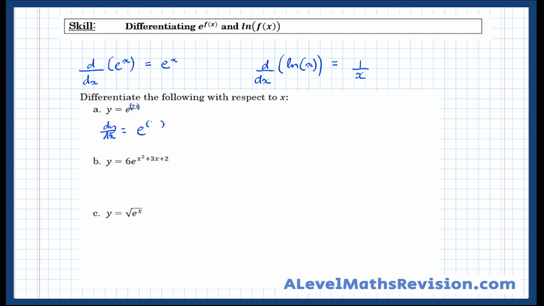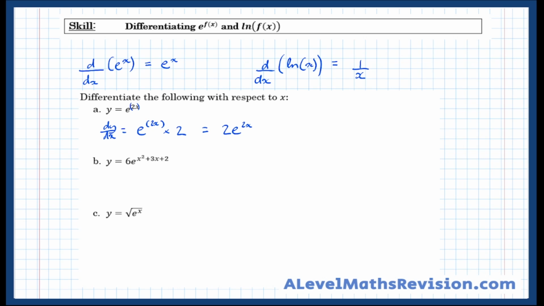Then we look in the bracket, say it was 2x, and multiply by the differential of the bracket. So that gives us 2 e to the 2x. Differentiate the full thing without looking in the bracket. So e to the power of something differentiates to e to the power of something, then multiply by the differential of the bracket.